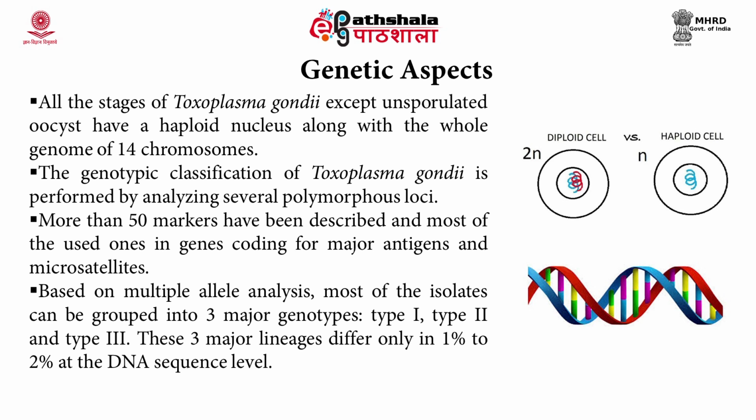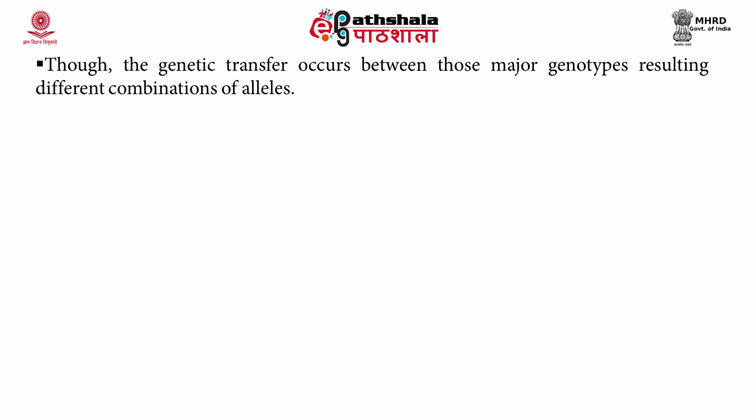Based on multiple allele analysis, most of the isolates can be grouped into three major genotypes: type 1, type 2 and type 3. These three major lineages differ only by 1 to 2% at the DNA sequence level, though genetic transfer occurs between those major genotypes, resulting in different combinations of alleles.